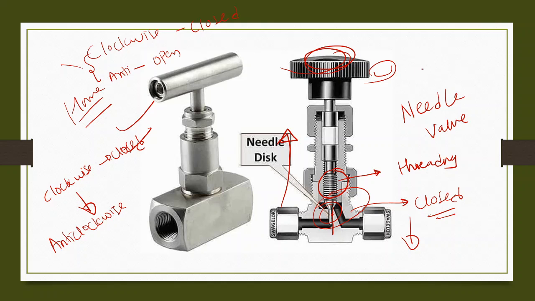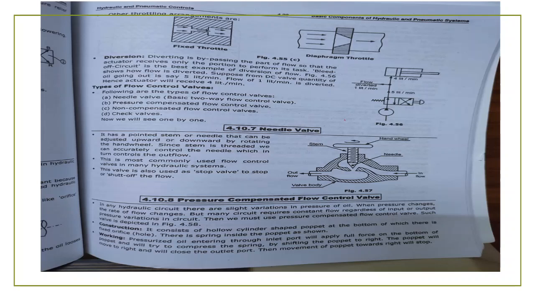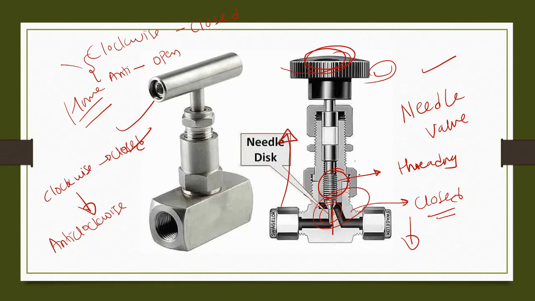You must have seen this at many places also. So let me discuss this from your textbook. This page I have directly taken from your textbook. Let me zoom this so that you can easily understand, guys. Look here, it has a pointed stem or needle. It has a pointed part, that is the needle. In this diagram you can see that the needle is already there.